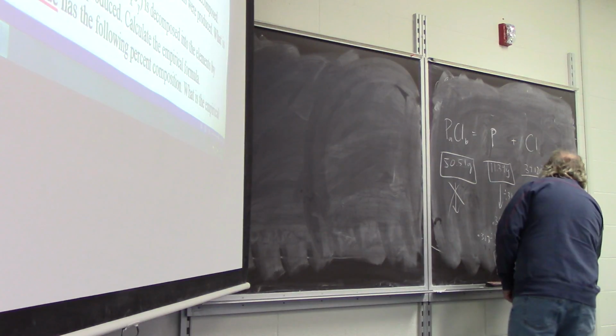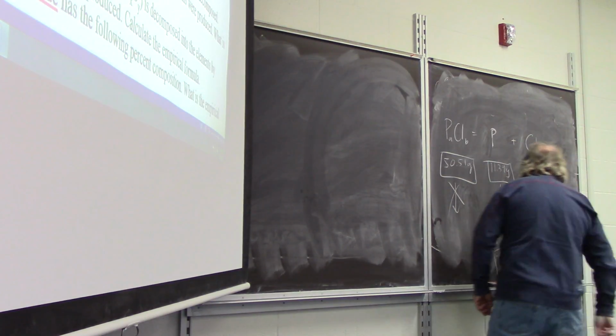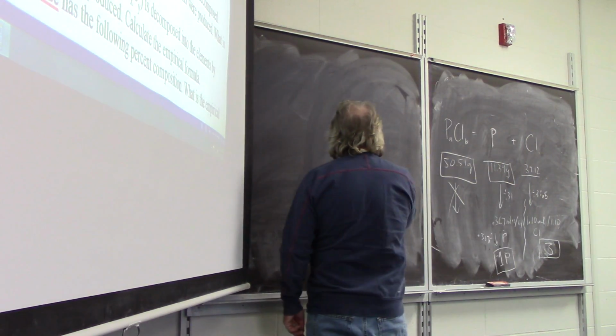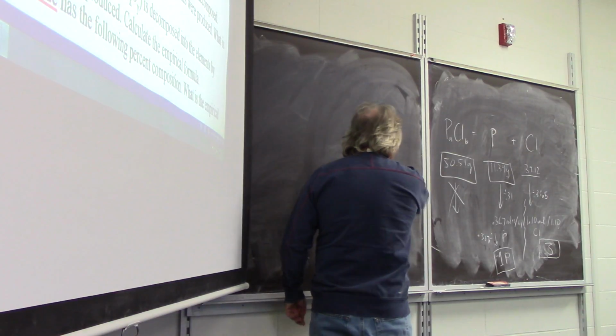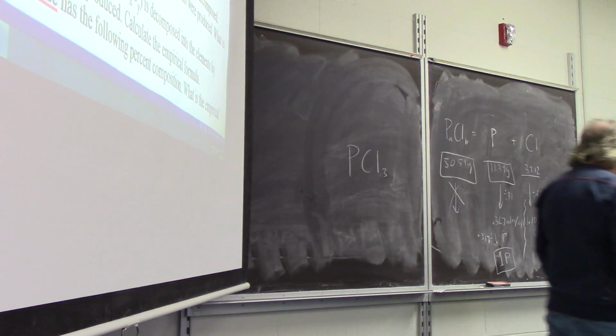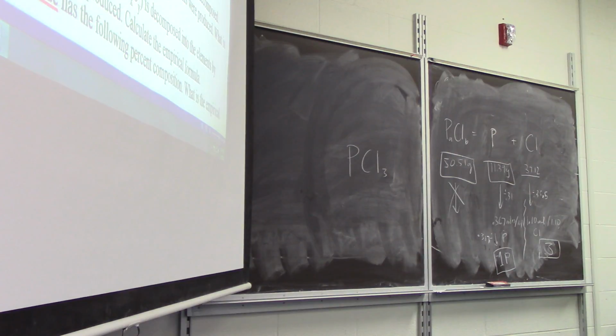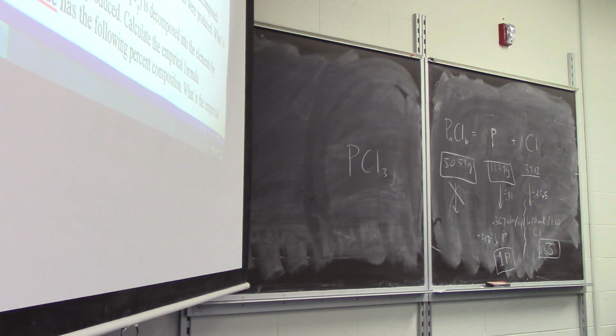It's 2.99, so it's 3. So it's PCl3. At least that's the empirical formula. They don't give us any other information to figure out if it's not, so that probably is the molecular formula too.